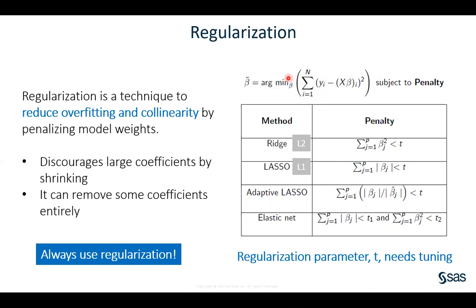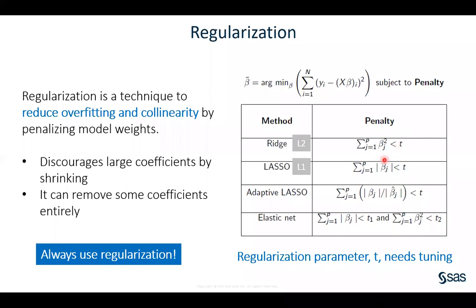In regularization, we minimize this loss function subject to some constraints on the regression weights. For L1 regularization, which is lasso, this penalty is on the sum of the absolute value of the regression coefficients. And if you're using ridge regression, you want to minimize this error as long as the sum of the squares of the regression coefficients is less than this positive number t.